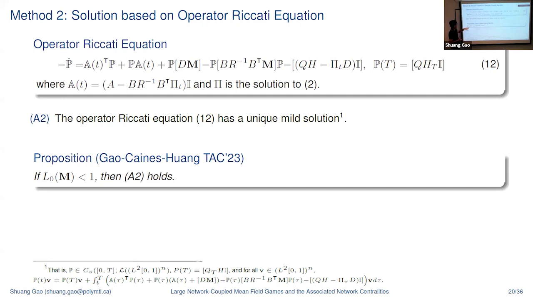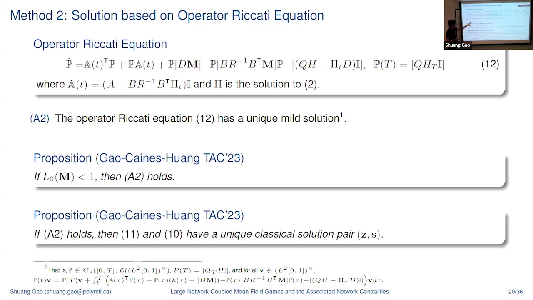We showed that if the contraction condition holds, then this operator Riccati equation will have a unique solution. And if the Riccati equation has a solution, we can also show that the equations for S and Z have a unique classical solution here.